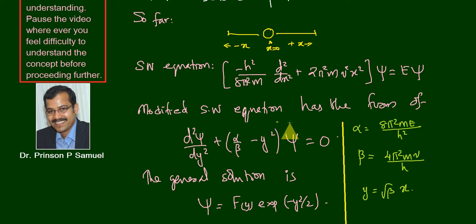And a modified Schrodinger equation has the form d square psi by dy square plus alpha by beta minus y square into psi equals 0. Here alpha is 8 pi square m E by h square, beta is 4 pi square m nu by h, and y is equal to root of beta into x.